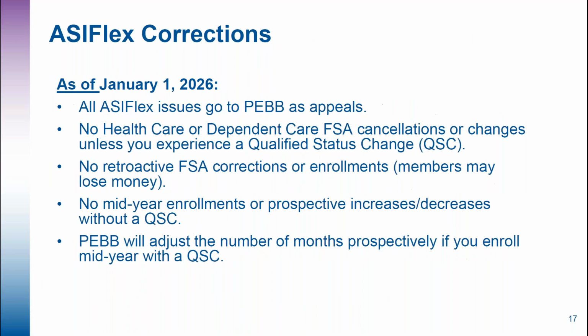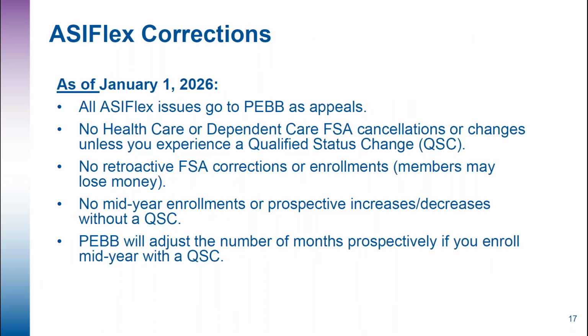As of January 1st, so let's say January 1st hits and you're like, oh, I forgot to make a correction. Any changes with ASI Flex issues, they come to us as an appeal. There are no healthcare or dependent care cancellations or changes unless you experience a qualified status change.